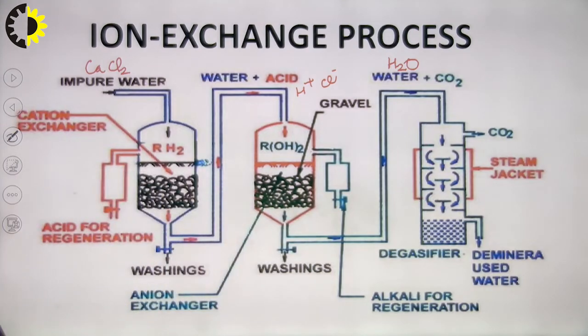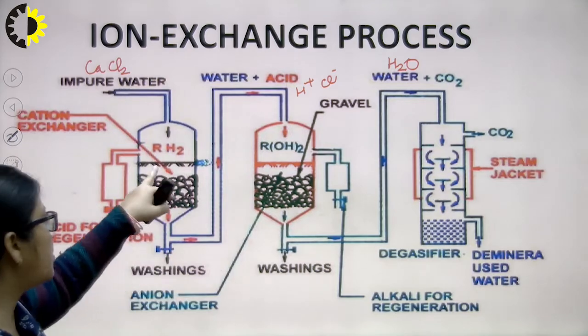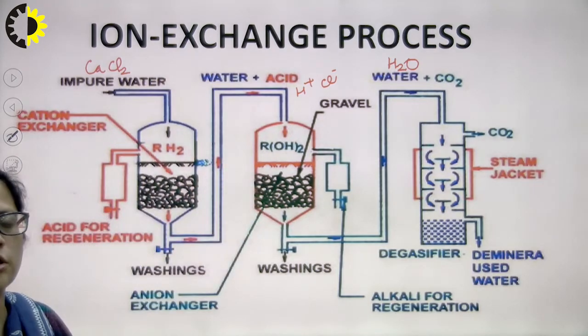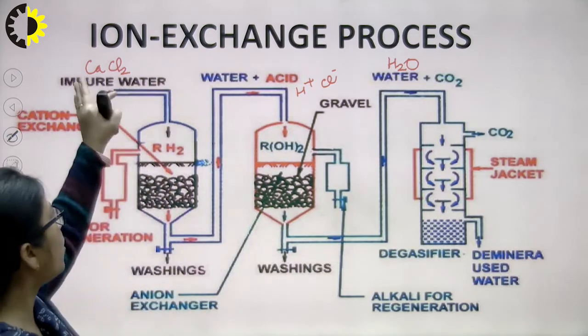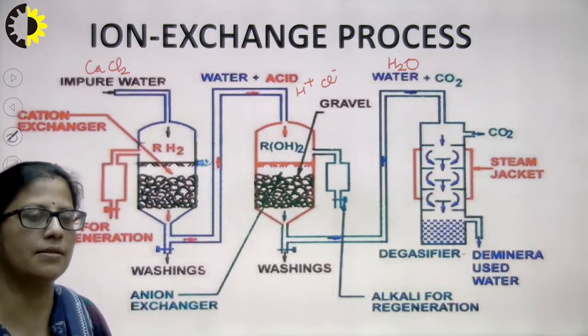So, different reactions are going to take place. I am going to show you in the next slides, and again H plus and OH minus are going to get restored in their original places, so that hard water can once again pass through the system.